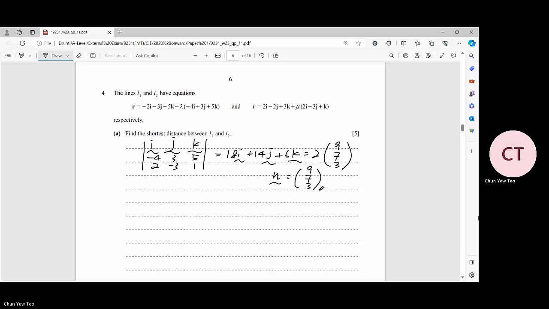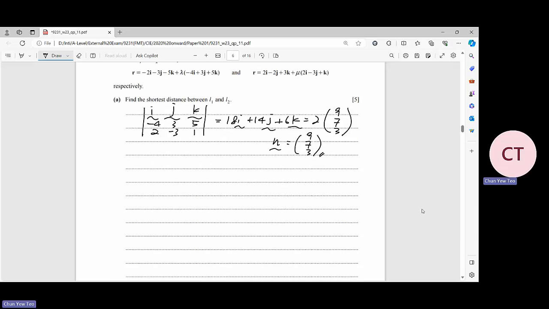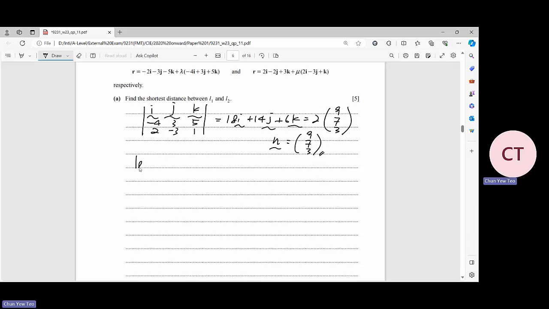Then after that, I will let this position vector be called OA, negative 2, negative 3, negative 5, and I let this position vector be called OB, 2, negative 2, 3. Then I find the AB.